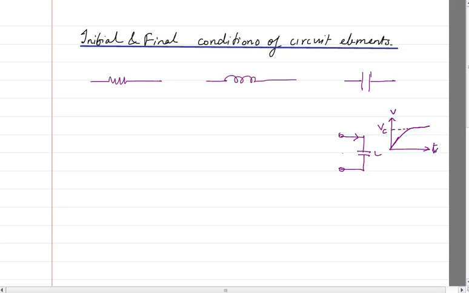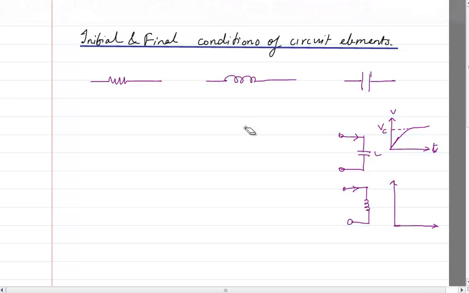Similarly, for the inductor, if we are trying to pass current through it, initially the current will be 0, then slowly it will start rising, and finally it will flow completely through the inductor.